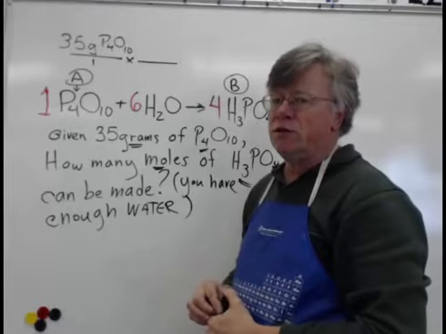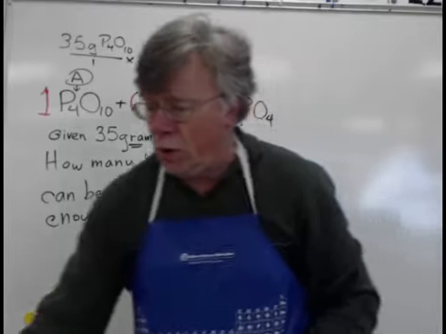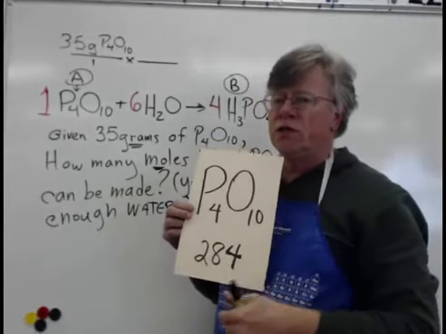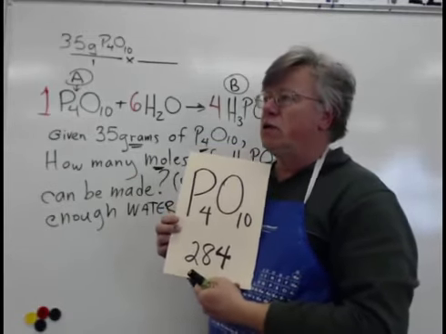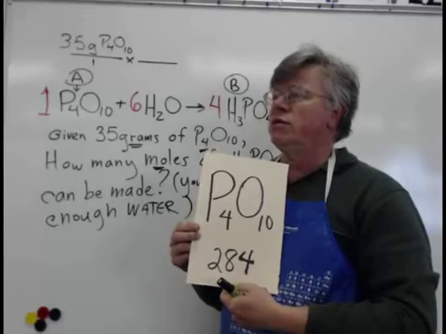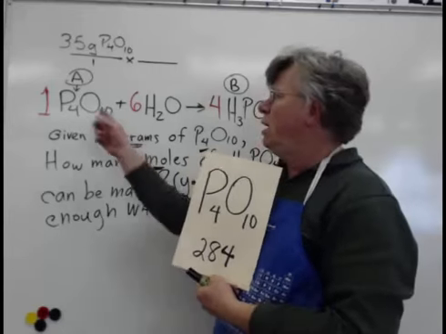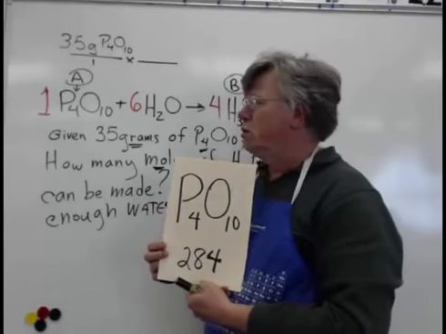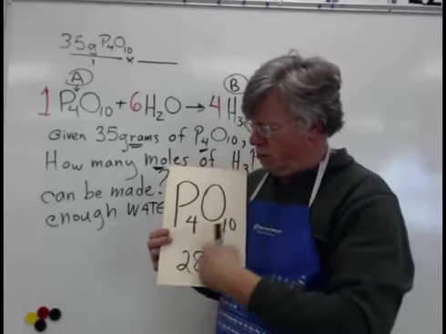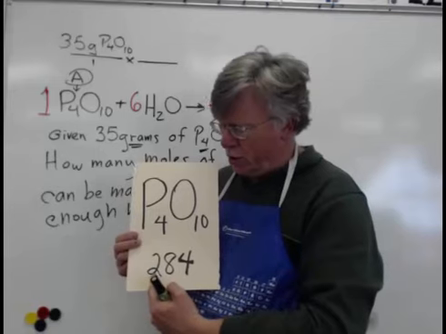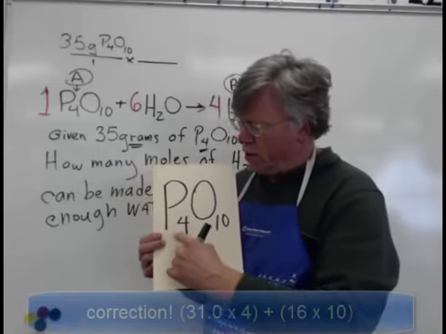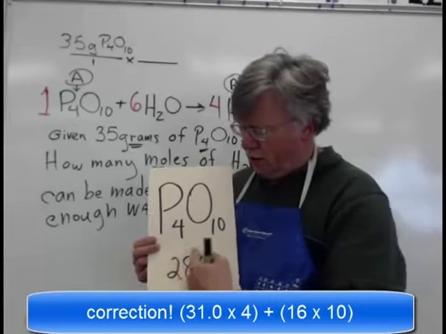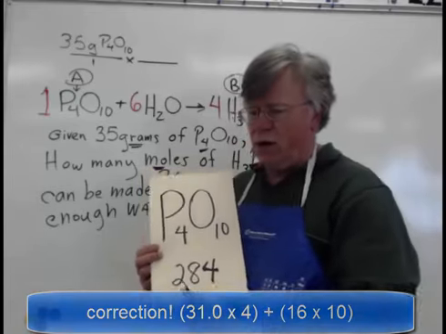Well, if you look on the periodic table, you'll notice that phosphorus has a mass of, I believe, 31, and oxygen has a mass of 16. So if you add up the mass of all these atoms together, you get 284. That's 32 times 4 plus 16 times 10, for a total of 284.